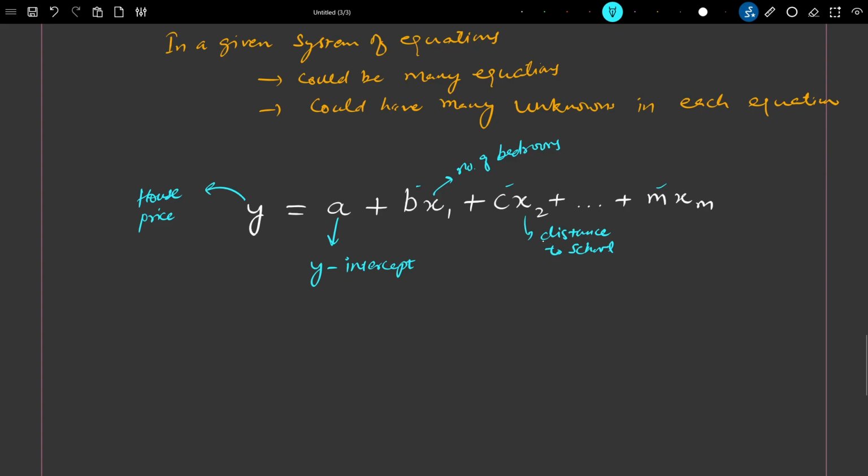This is an input value, and we can have many features. There could be m features.